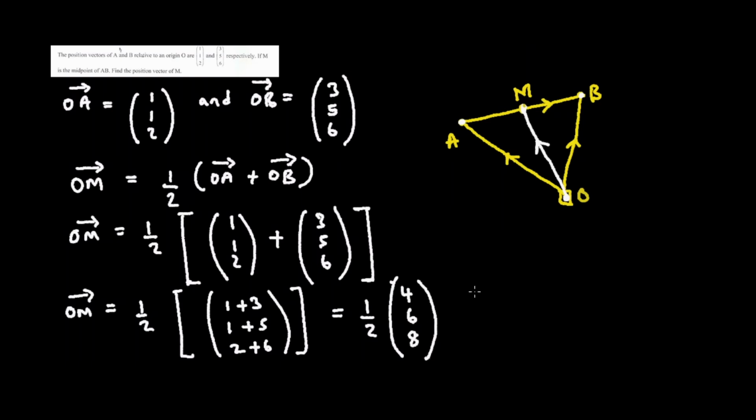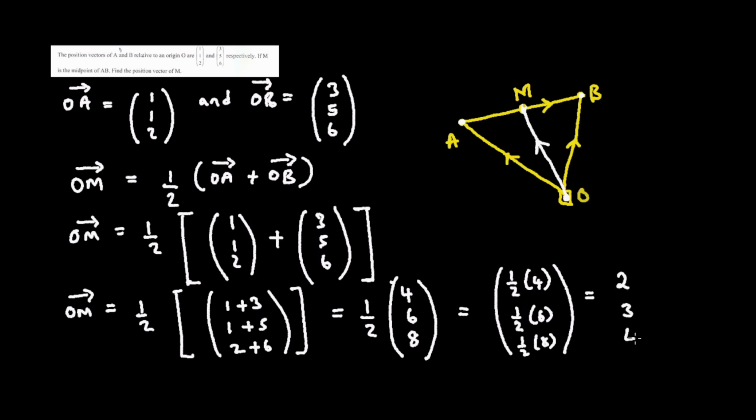Then we start to do scalar multiplication, but you should remember it from your O level. A scalar is going to multiply every term inside the vector. Kurauti panapa inenge basically half of 4, half of 6, and half of 8, which then is half of 4 is 2, half of 6 is 3, half of 8 is 4.